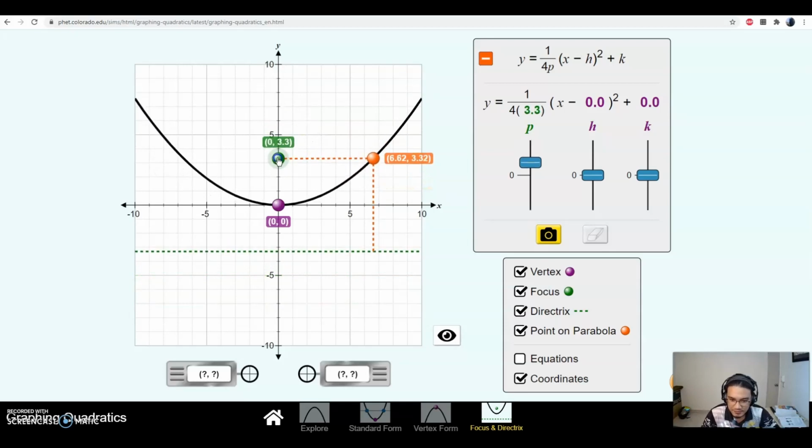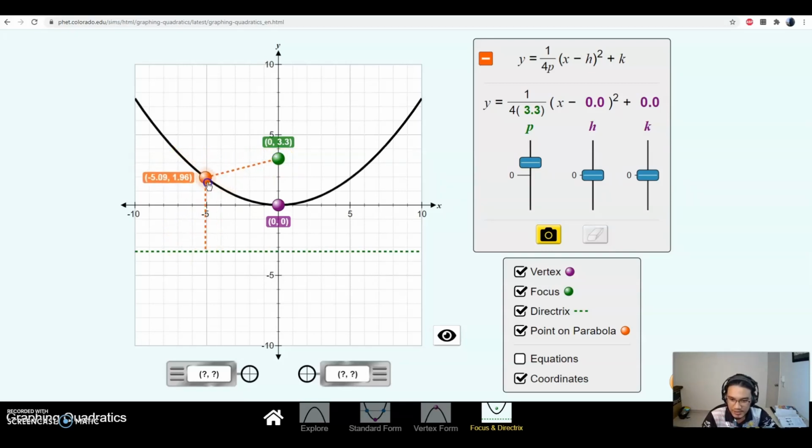Now if I move the orange dot, you can see the dotted orange line will always be the same distance from the green dot to the orange dot, and from the orange dot to the directrix.